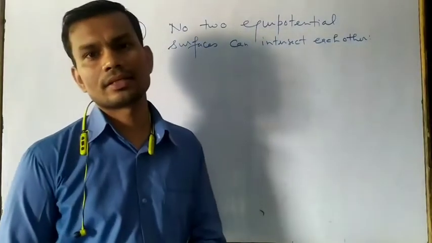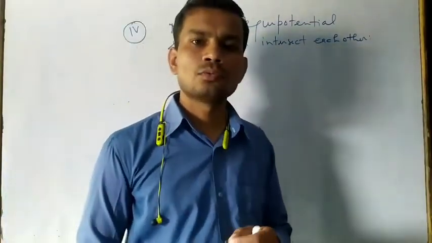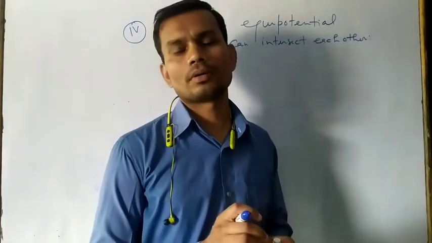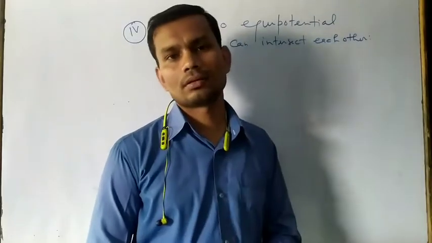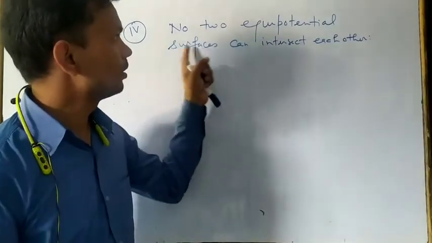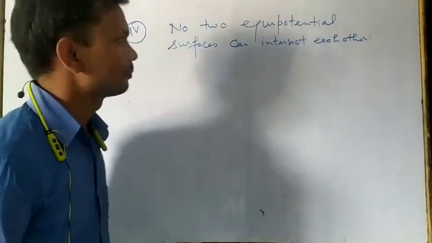If they intersect, then at the point of intersection we would get two values of the electric potential, which is not possible at a particular point where only one value of the electrostatic potential exists. So this is the next property: no two equipotential surfaces can intersect each other, right?